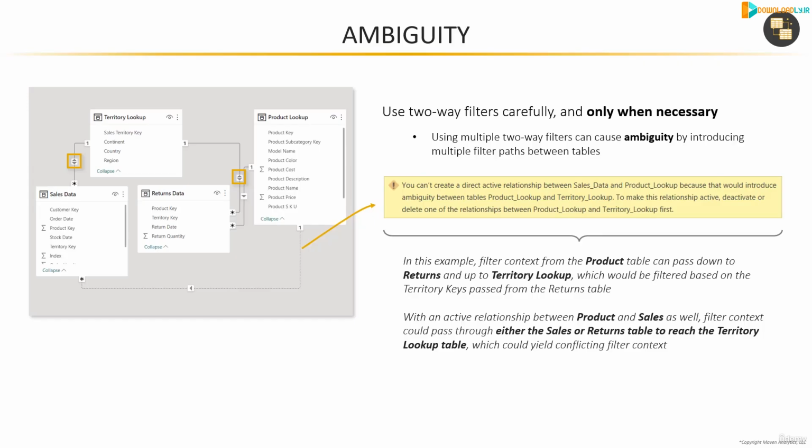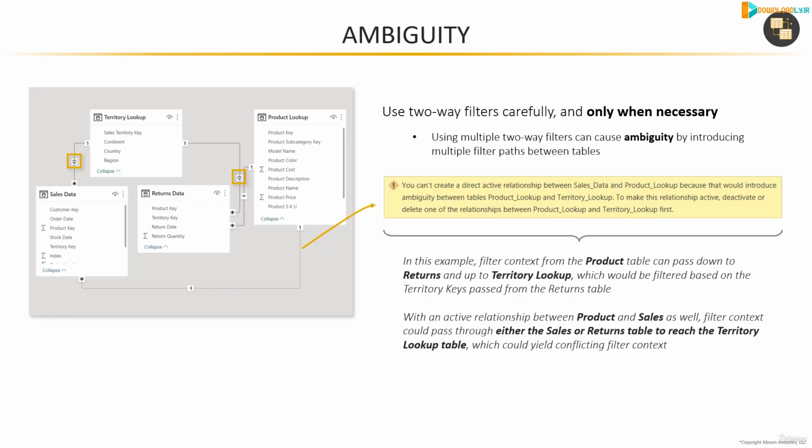The returns data table will be telling the territory lookup to filter down to territories 1 and 2. The sales data table would be telling the territory lookup to filter down to territories 1, 2, 3, and 4. And we can't pass conflicting filter context to the same table. That's exactly what we mean by ambiguity.